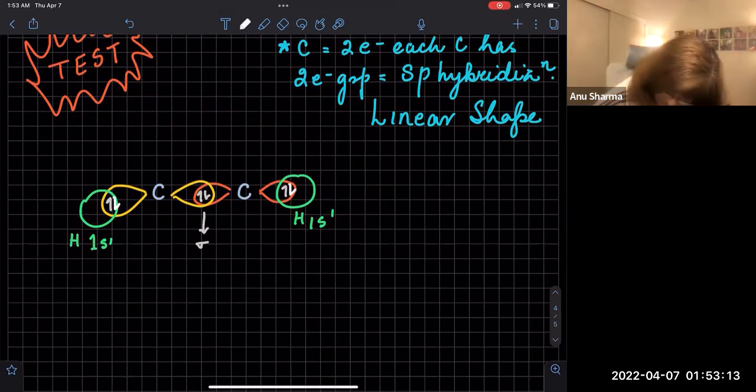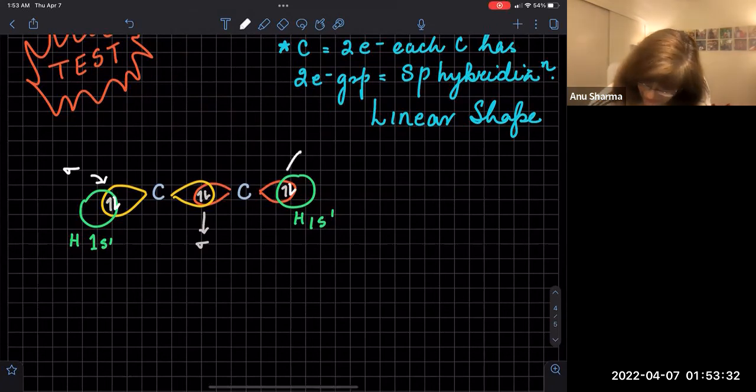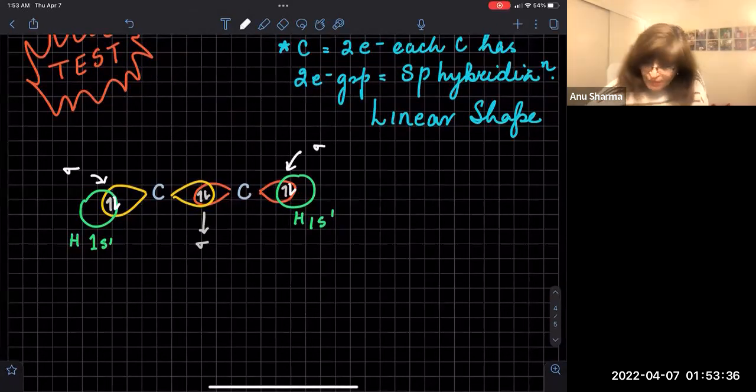So that is one electron of hydrogen, and the 1s1 orbital is overlapping with the sp hybridized orbital of carbon, and that's how the two electrons are being shared, and they're forming a sigma bond. And here this one is the sigma bond. Okay, and then we have the sigma bond at the bottom. Now we have the 3 sigma bonds.